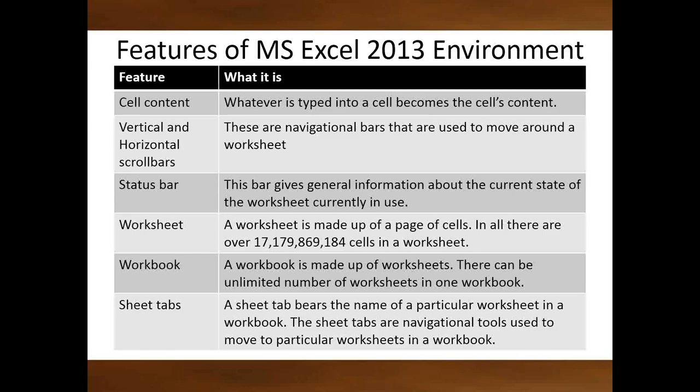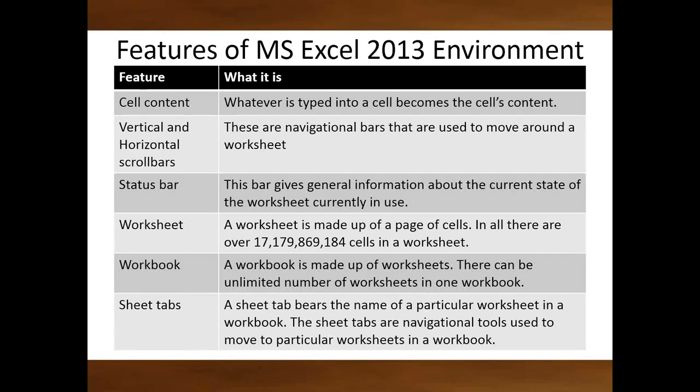Then we have the cell content. Note that whatever is typed into a cell becomes that cell's content. So the data contained in the cell is termed the cell content.